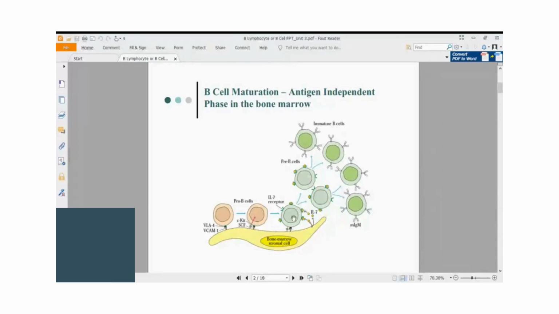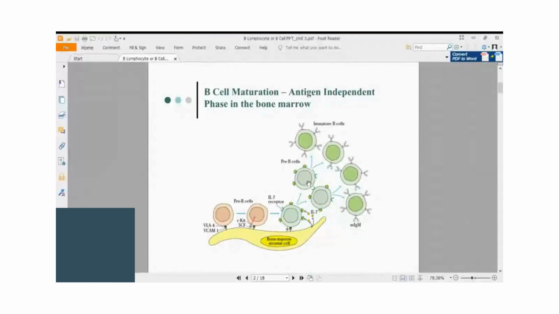After it becomes free from the stromal cell, under the command of IL-7, which is being secreted copiously by the stromal cell, the pre-B cell undergoes mitotic expansion, in the sense mitotic proliferation or mitosis.